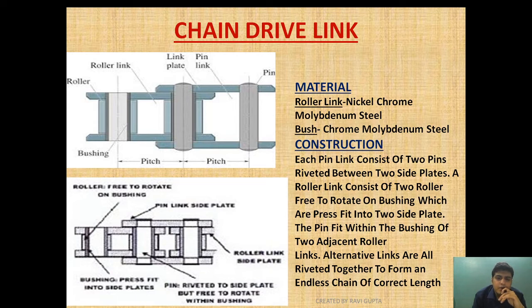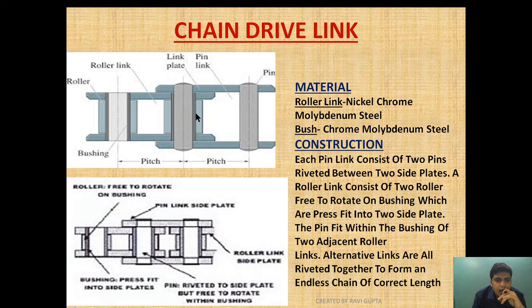So let's begin the video about the chain drive link. As you can see in this picture, this is the side plate, called the side plate link. This is called the roller link plate, and this is called the side link plate.